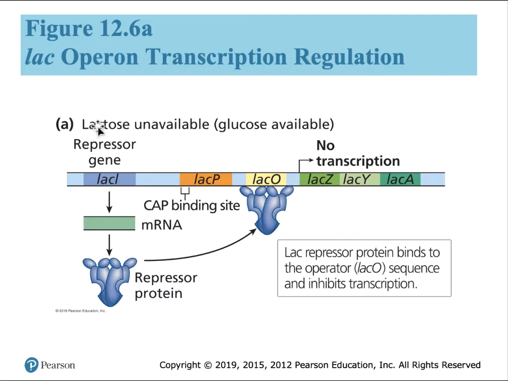In this pictorial, because lactose is absent, there is no allolactose, therefore there's no binding to the allolactose binding sites, and the protein is free to bind to the Lac-O region of the operator, thereby preventing any RNA polymerase that should bind to the promoter from proceeding to transcribe these genes.